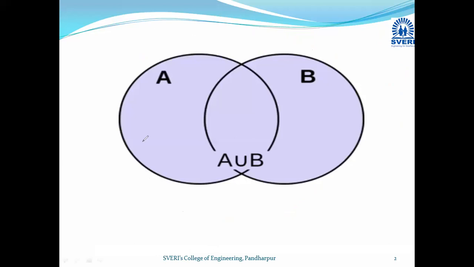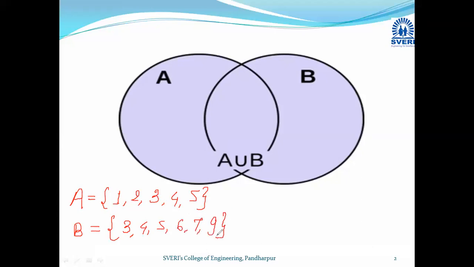What is A union B? So A union B means, if A is the set of 1, 2, 3, 4, 5 and B is a set of 3, 4, 5, 6, 7 and 9, then we are taking A union B. So A union B means the terms which are in sets A and B, we are taking combinedly.